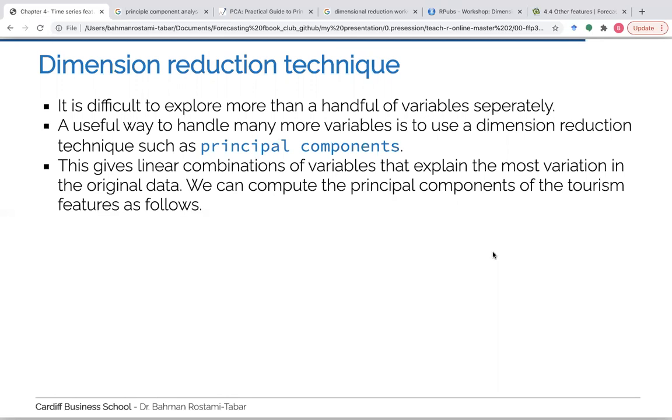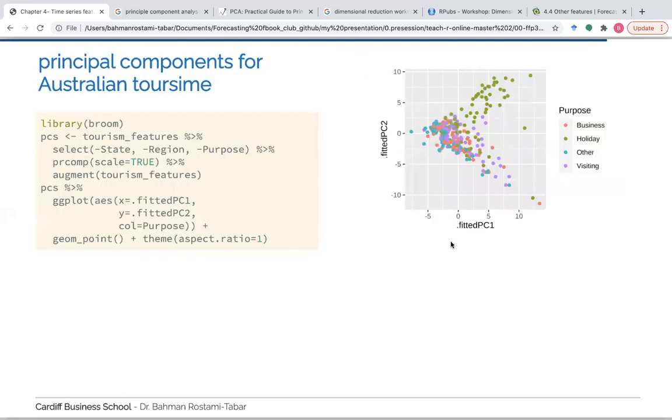And then we can compute the principal components for your data set. So we create two different principal component categories, one with the variables that explain the most variation in the data, and another one with the features that have less variation. And then these two categories are not correlated as well.